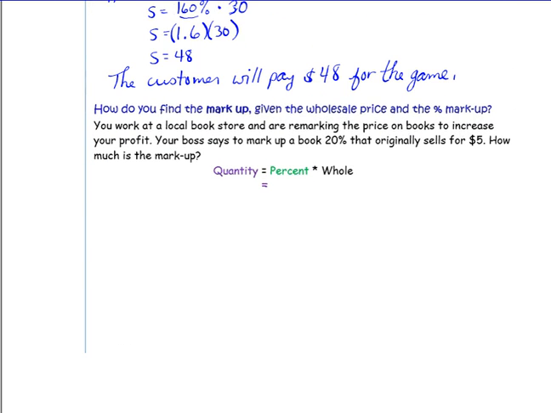Next, how do you find a markup given the wholesale price and the percent markup? You work at a local bookstore and are remarking the price on books to increase your profit. Your boss says to mark up a book 20% that originally sells for $5. How much is the markup? So the quantity is going to be the amount of markup.